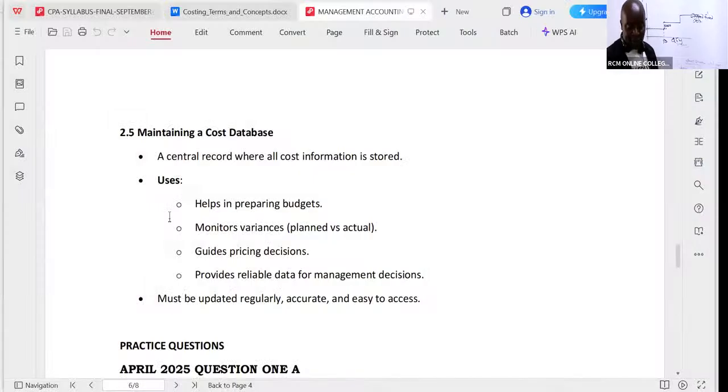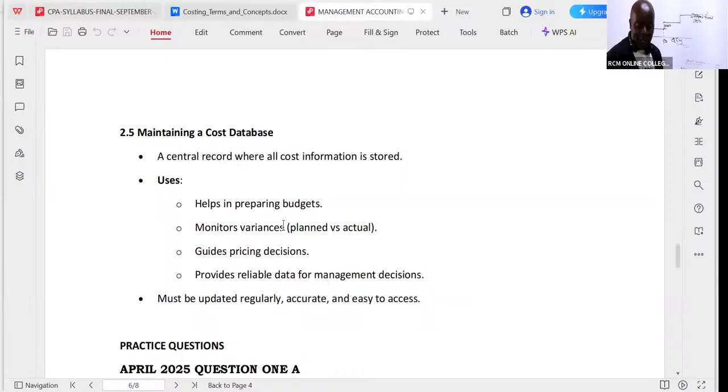All right. So maintaining a cost database means a central record where all cost information is stored. That's what we call a cost database. Uses: it helps in preparing budgets, because now we have the total costs. It helps in variance analysis. There is a whole topic on variances.